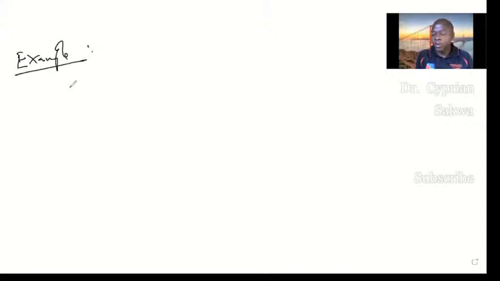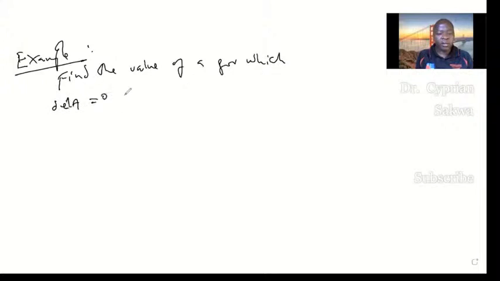So the example is: find the value of r for which the determinant of A is 0, if A is the matrix with rows 1, r, r; r, 1, r; and r, r, 1.